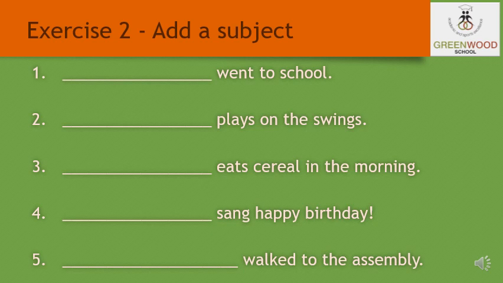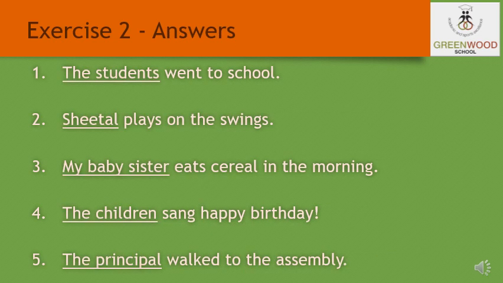Guess the answers. Let's check the answers. If you have written your own answers, let them be. When you come to school, we will check the answers. These are my answers. First one, the students went to school. I have written the students. Second, Sheetal plays on the swings.